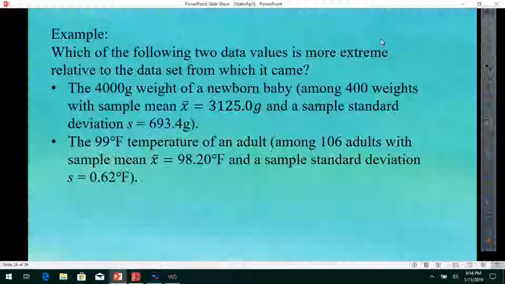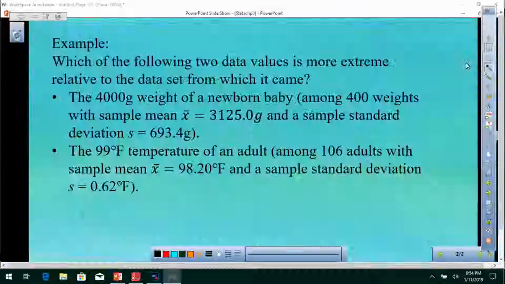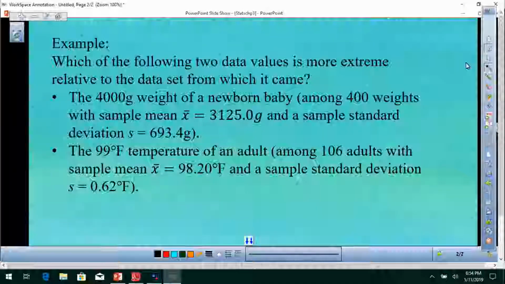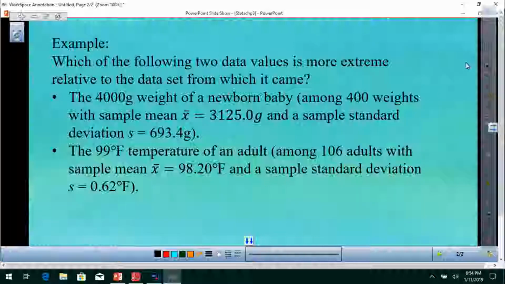Here's an example. Which of the following 2 data values is more extreme relative to the data set from which it came? The first one, a 4,000-gram weight of a newborn baby, among 400 weights with a sample mean x bar equals 3,125 and a sample standard deviation of 693.4 grams.